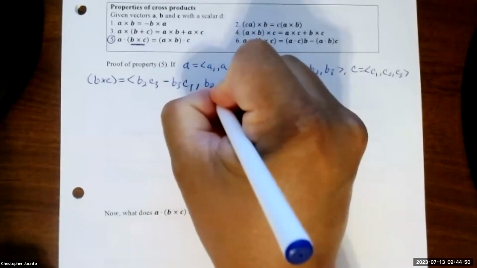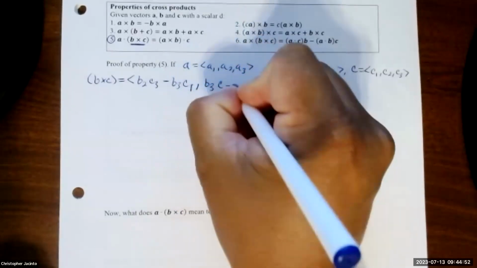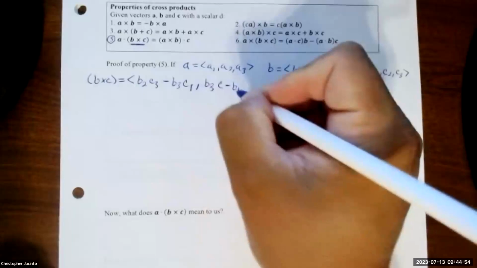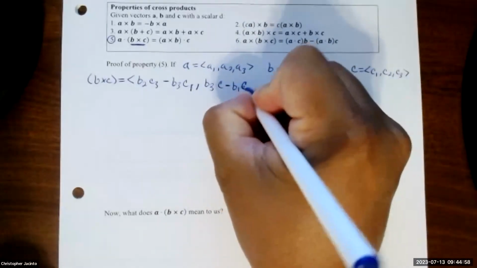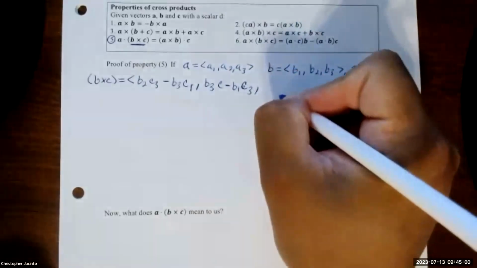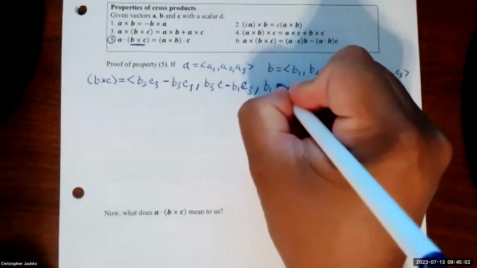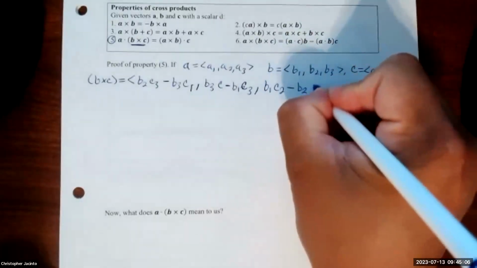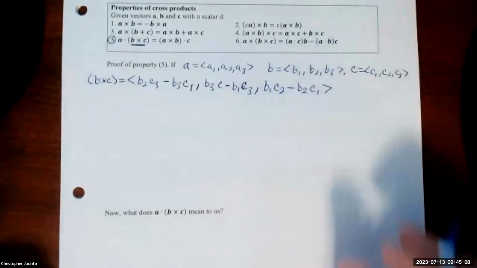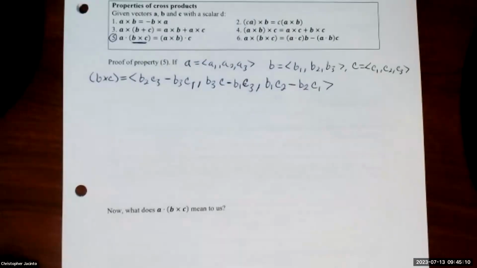Next component, B3 C1 minus B1 C3. And then the last component, B1 C2 minus B2 C1. And again, that's just using the definition.